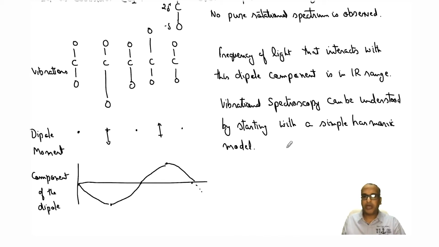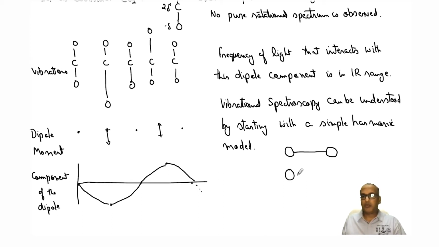In case of rotation, we considered two atoms connected with a bond where the vibration was not considered, right? It was a rigid bond, like a rod. But here we are considering two atoms with a bond where vibration is possible. What do I mean by vibration?